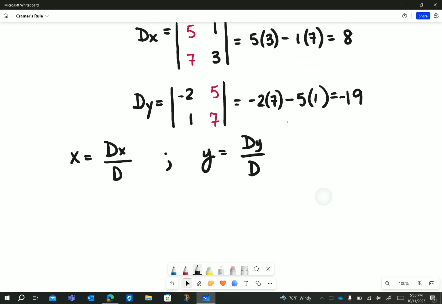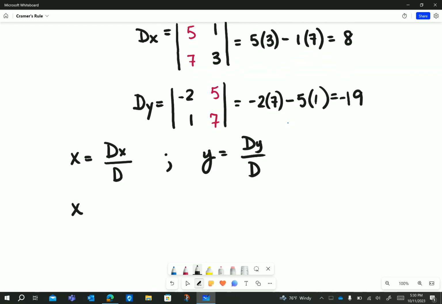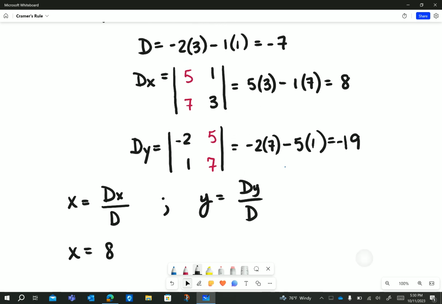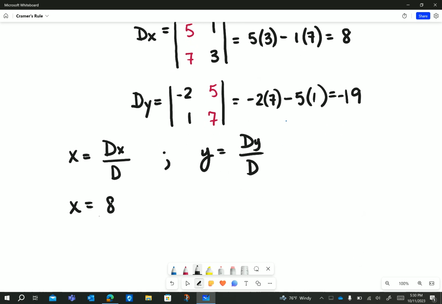So the determinant with respect to x in this problem was our 8, and we are going to divide it by our D, which is -7. So there is our x coordinate.